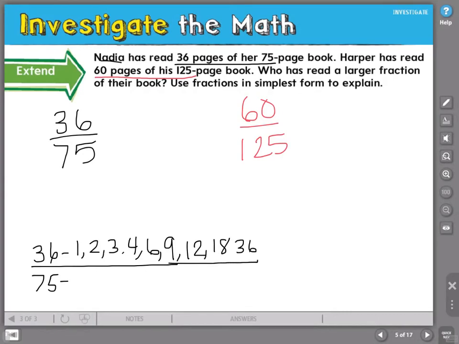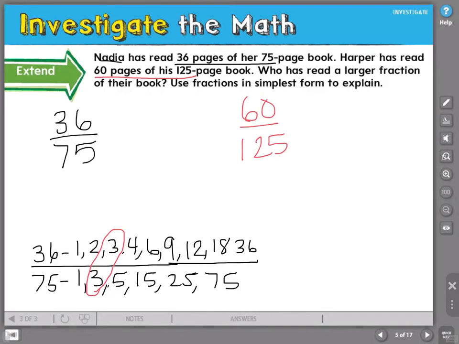Wow, that's a lot of factors. 75 has factors of 1, 3, 5, 15, 25, and 75. When I look at this list, I can see that the greatest number that they have in common is 3.